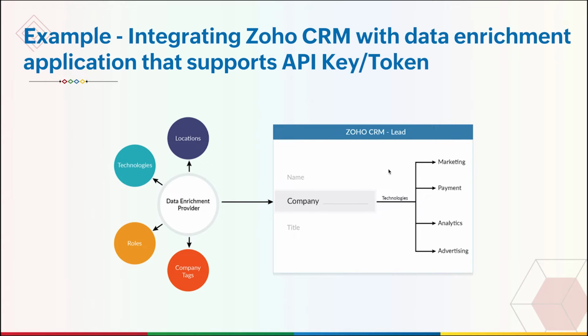So consider integrating Zoho CRM with a third-party data enrichment provider. The integration's goal is to enrich and populate real-time B2B data on the technologies that are linked with the Zoho CRM lead's company. So assume API key is the authentication mechanism that is used by this data enrichment application.